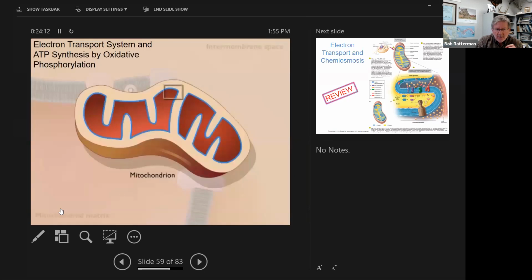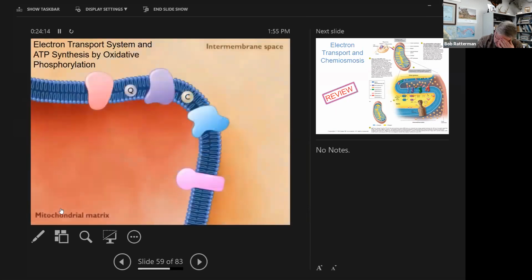Now, you remember back in glycolysis and also in the Krebs cycle, we made a couple ATPs as we spun off those processes. The way that ATP is made is a little different than the way the majority of ATP is made here. As the video said, this is called oxidative phosphorylation. It's formed as a result of the hydrogen ions moving through this ATP synthase molecule.